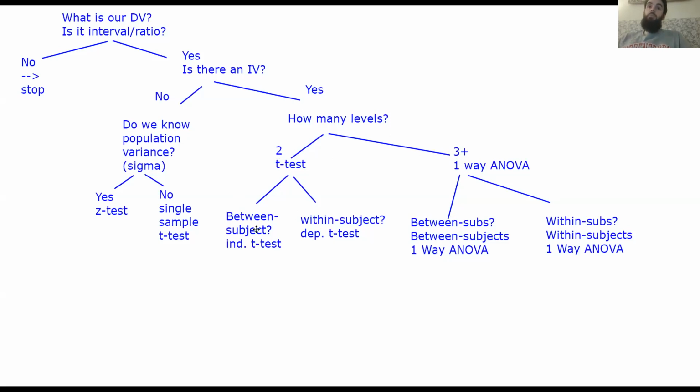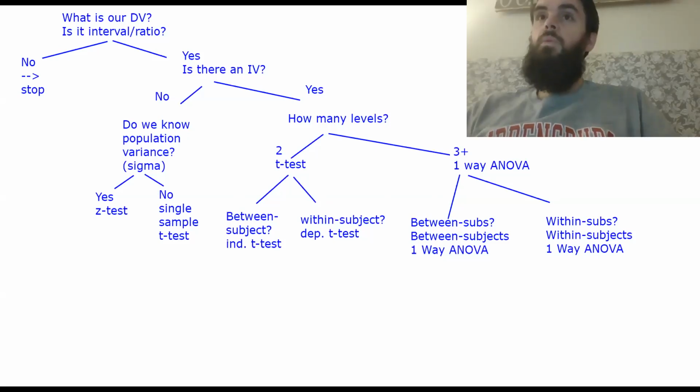And at which point, we need to start wondering what the design of the experiment is that will lead us to exactly the right statistic that we need to run in that instance. So that is where we depart for one-way ANOVA.